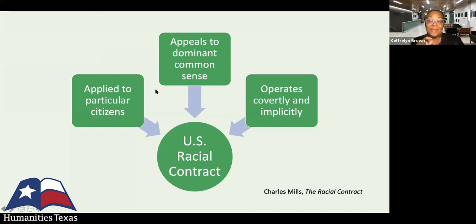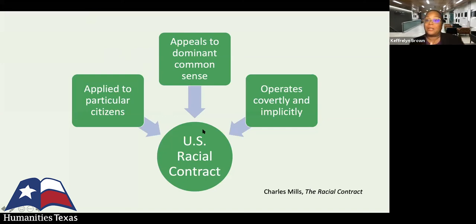That earlier slide that talked about the social construction of race gives us some insight into how race gets constructed, but there are material consequences. And this US racial contract is one of those material effects of the social contract.